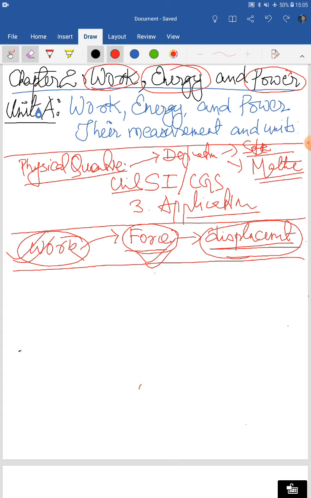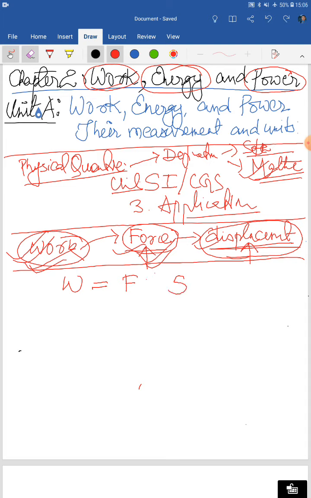Understand? Clear? Now let us learn about the mathematical definition of work. Here you see that two physical quantities are playing a role to explain work, that is force and displacement. So from this concept we get a relation that work is done when a force acting on an object produces some displacement.